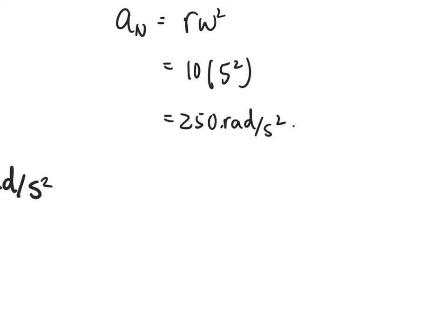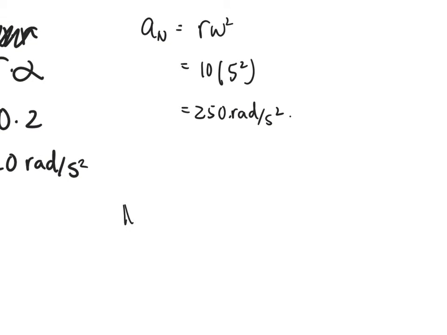So then now to find the net acceleration, it equals the square root of a_t squared plus a_n squared, which equals the square root of 20 squared plus 250 squared.